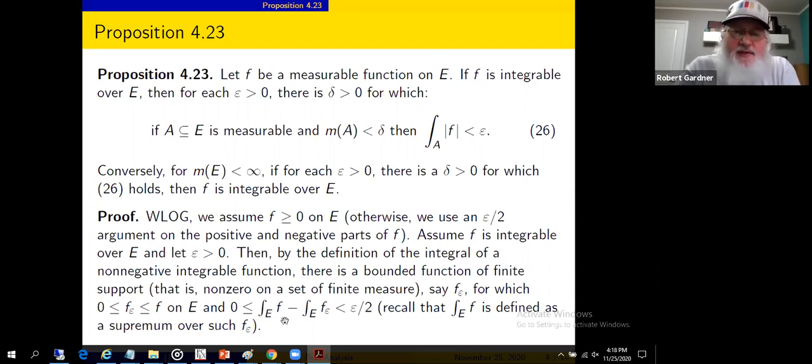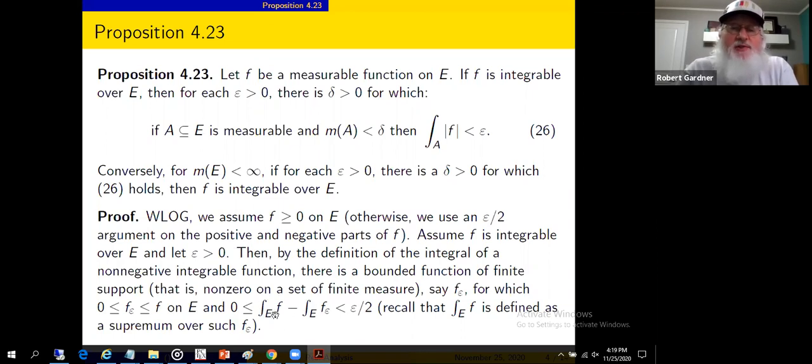So if this integral over E of f is defined as a sup of these things here, as the integrand varies over bounded functions of finite support which satisfy this inequality, then there's one of these, call it f sub epsilon, that produces an integral that's close to the integral of f.